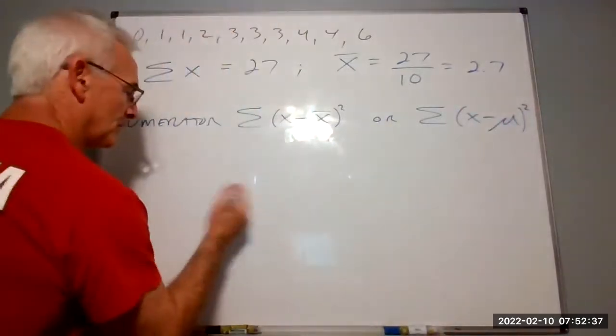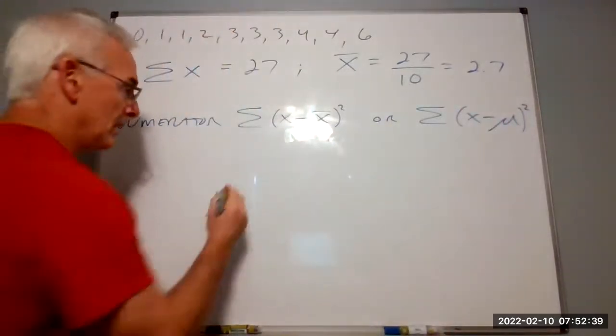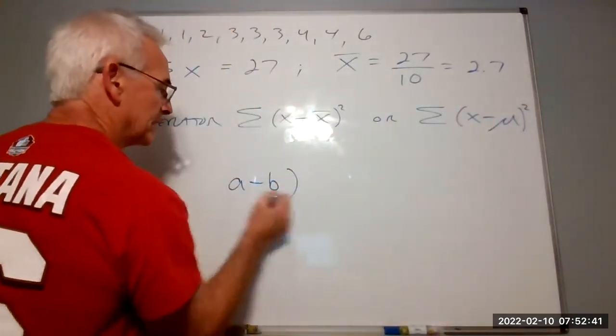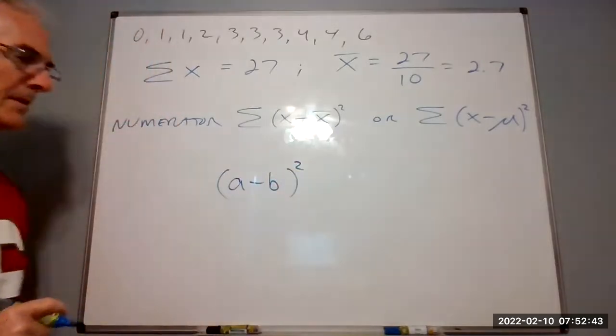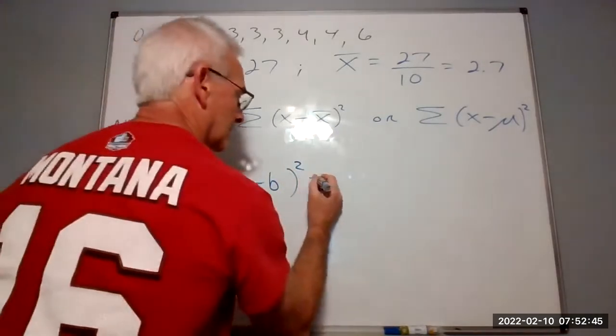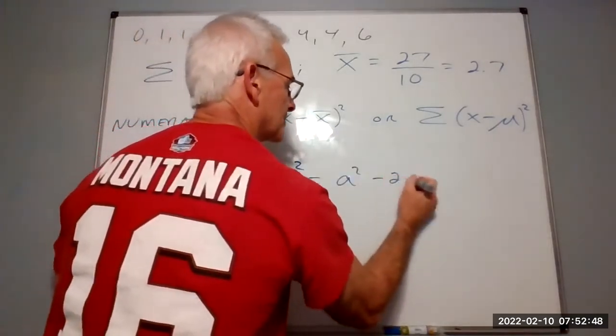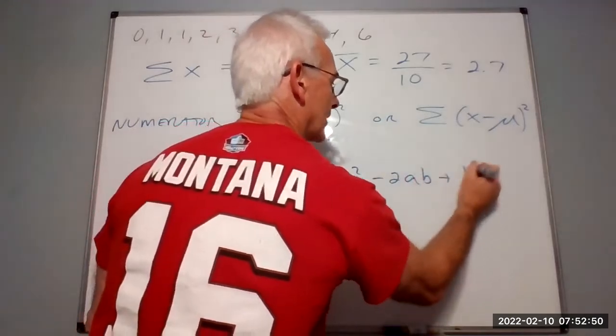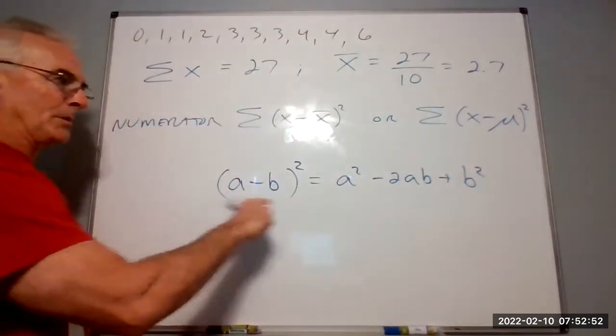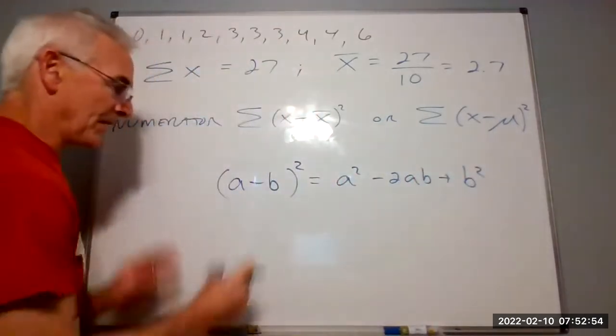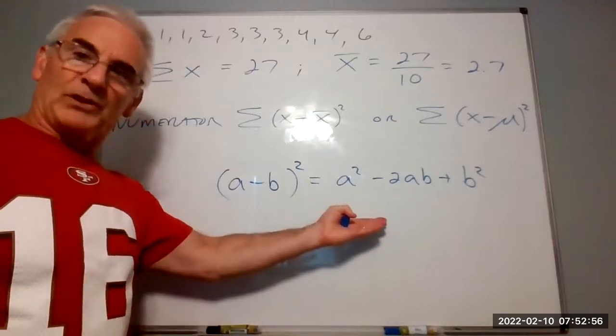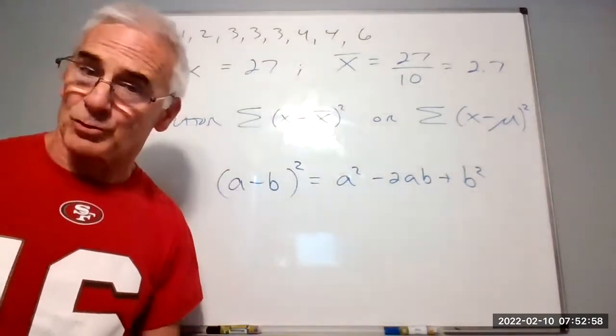Okay. Now let's remind ourselves from algebra. If I said a minus b quantity squared in algebra, we know that's a squared minus 2ab plus b squared. I'm squaring a binomial and I get this, right? If I wrote them side by side, we learned this in algebra. It's a handy little shortcut.